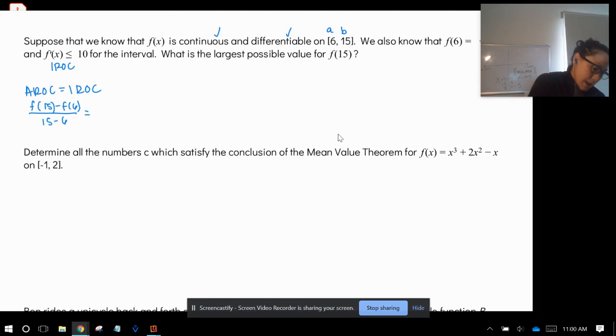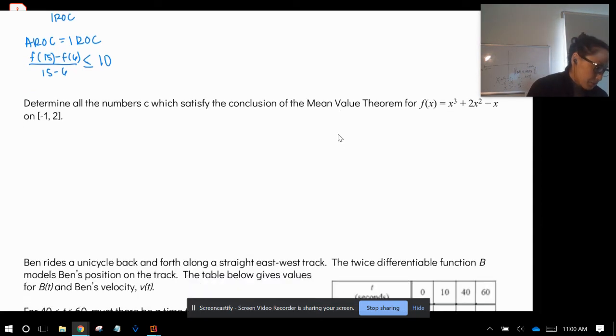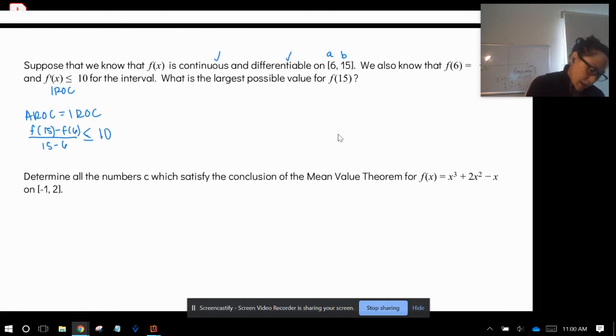And I want that to be less than or equal to my instantaneous rate of change, which is 10. Okay. Now we just simplify. So I get f of 15 minus negative 2, which is plus 2, over 9 is less than or equal to 10.